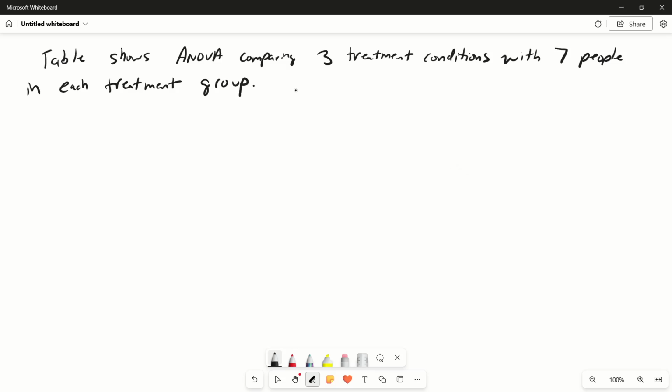What is the value for mean squares between?